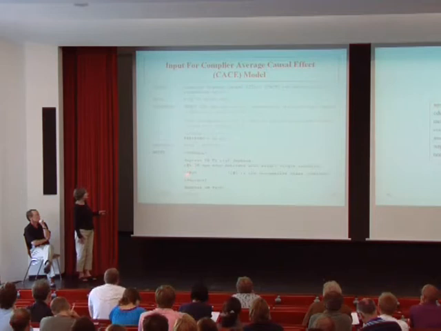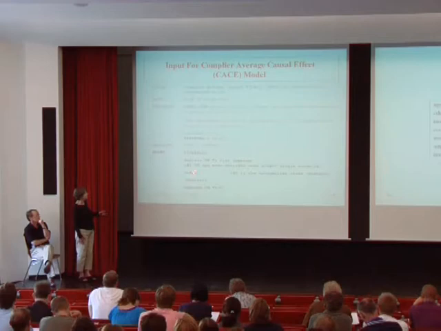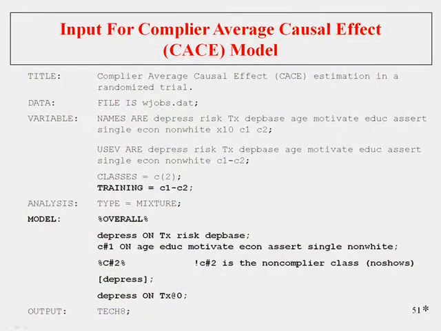The C here is the name of the categorical latent variable. The number sign is just the number of the class, and 2 means class 2. So %C number 1% would mean that the statements following are about class 1. So the model command is basically the most important part because it specifies the model to be estimated. And then we have an output command where we can ask for extra output in addition to the output that comes as the default.